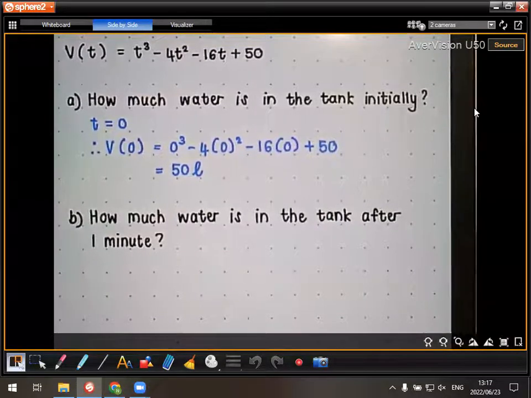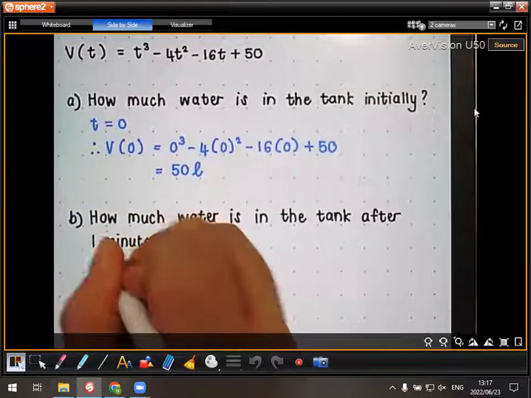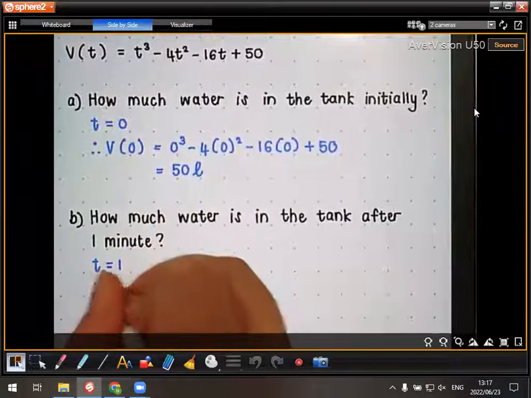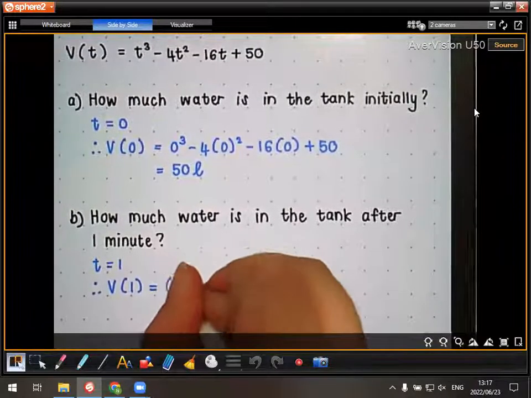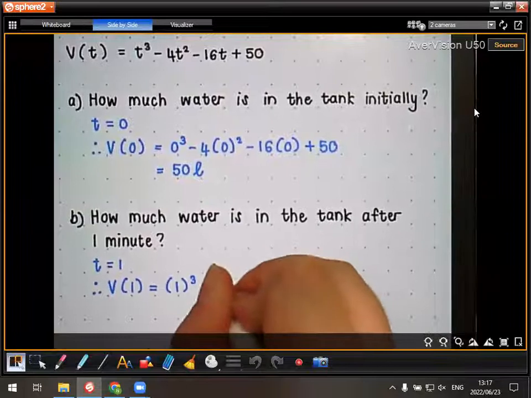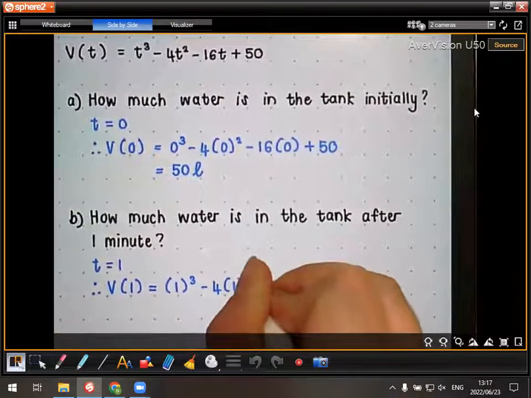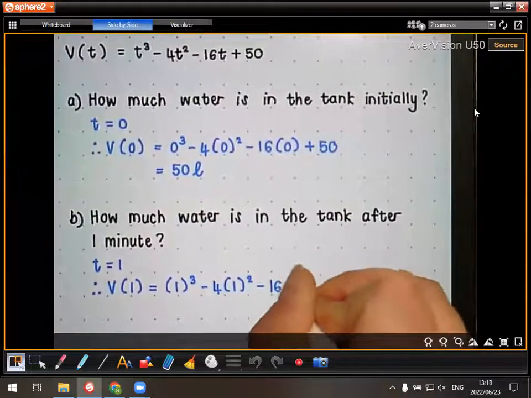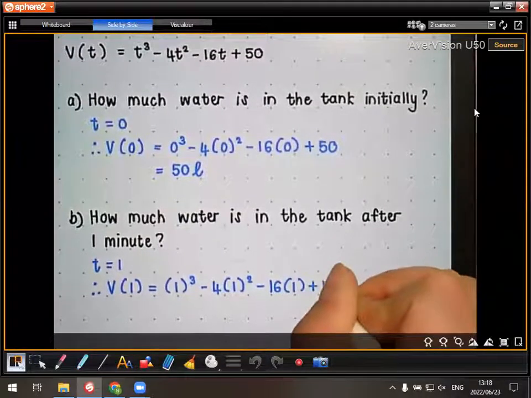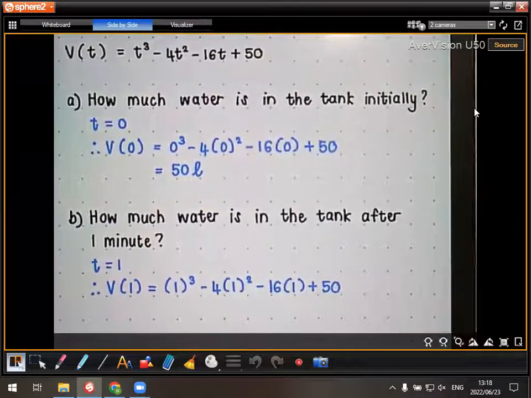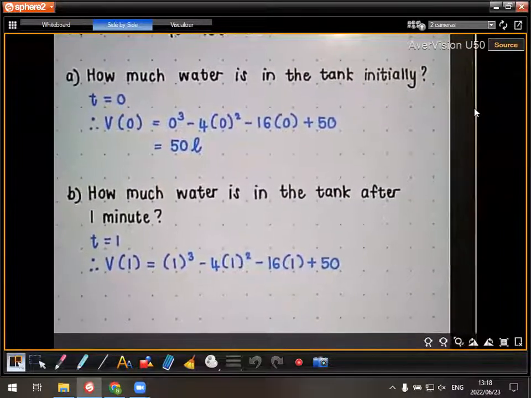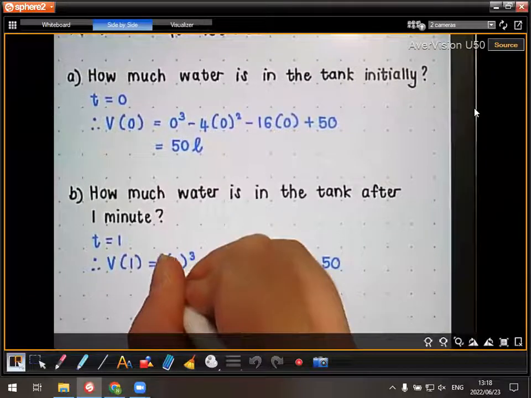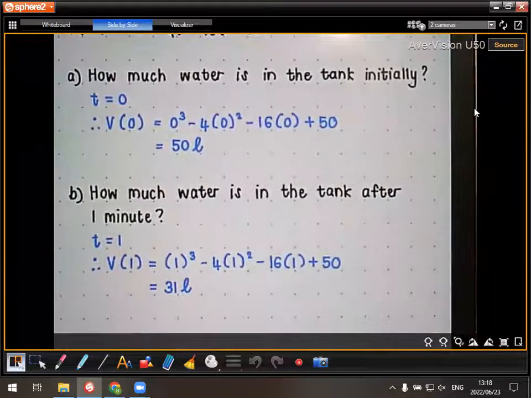So 1 minute, that means that my t value is going to be 1, right? Again, you don't have to write that t is 1. You can actually just write V of 1. It's 1 cubed minus 4 times 1 squared minus 16 times 1 plus 50. You work it out. 31. Thank you. So 31 liters.